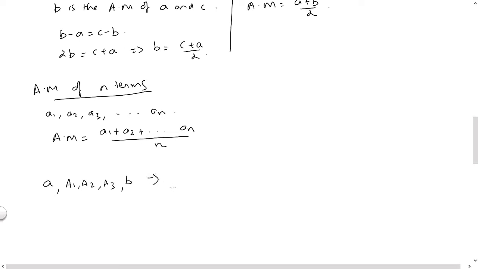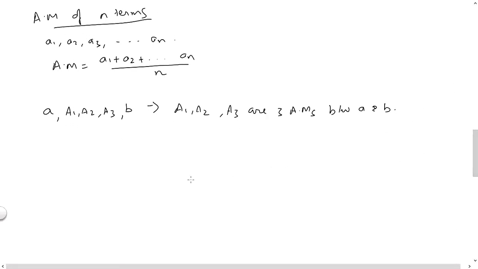Then we can say that A1, A2 and A3 are three arithmetic means between A and B. So that way we can insert any number of arithmetic means between any two numbers. So let us see how do we determine those n terms which will be the n arithmetic means between any two numbers.